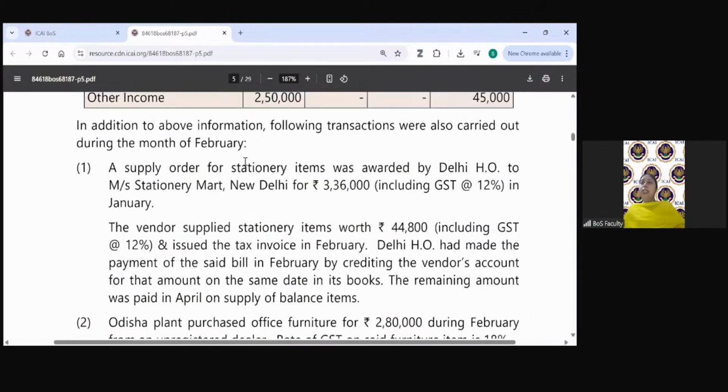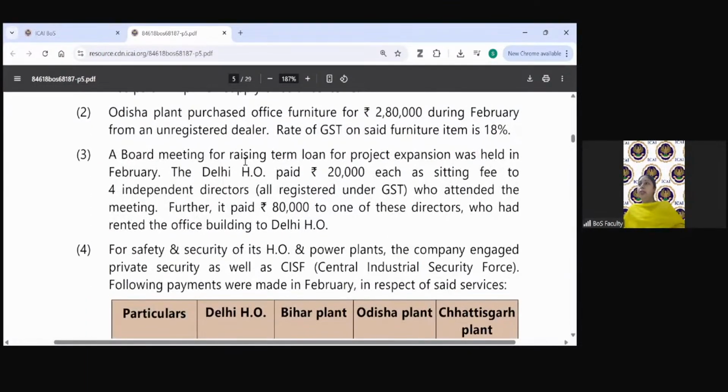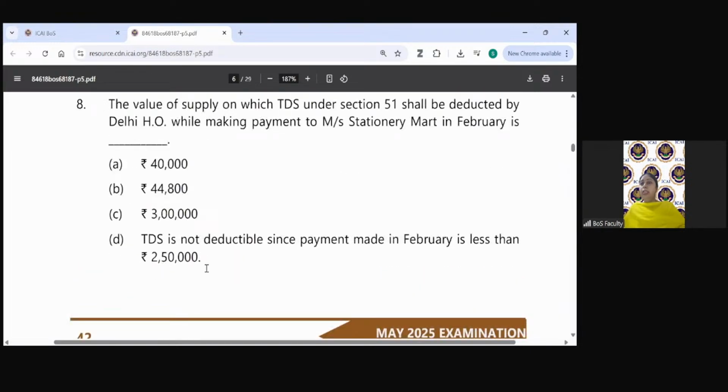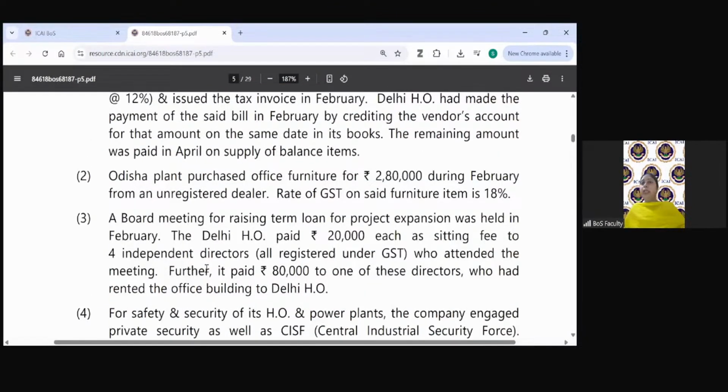We have to see the reverse charge value, the value on which tax will be paid under reverse charge by the... let me go to the question once again so that we can see. Yes, the question says Delhi HO and Odisha plant. So we are seeing the information relevant for Odisha plant and Delhi HO.